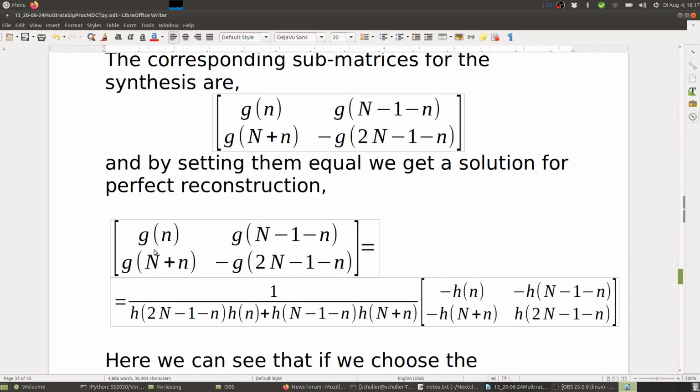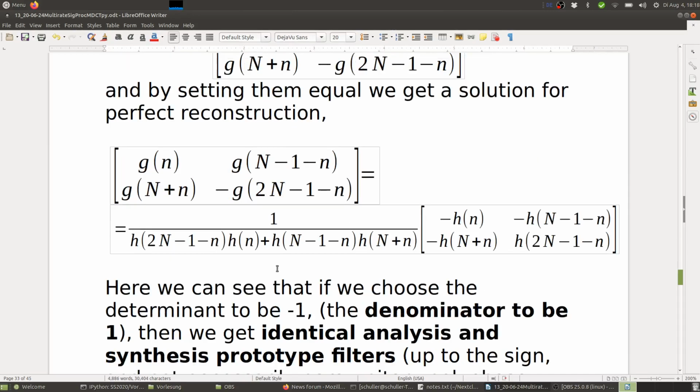So we see g of n equals minus h of n divided by this negative determinant. G of N minus n is equal to minus h of capital N minus 1 minus lowercase n divided by this determinant, and so on. So this gives us a solution how to obtain the closed form answer for perfect reconstruction.